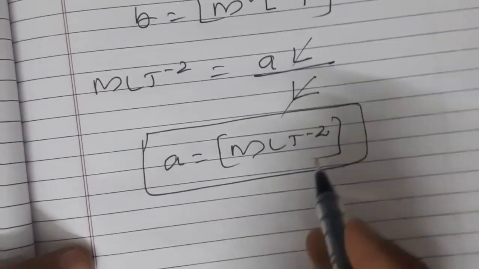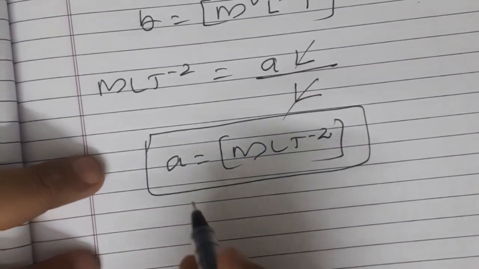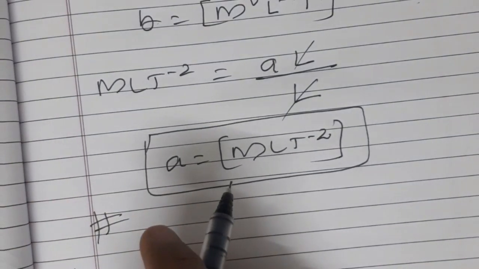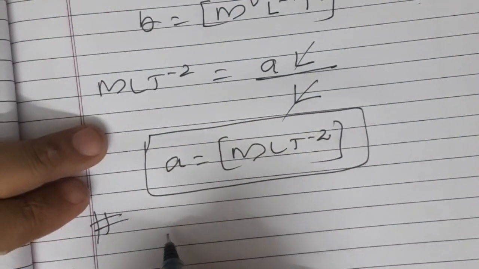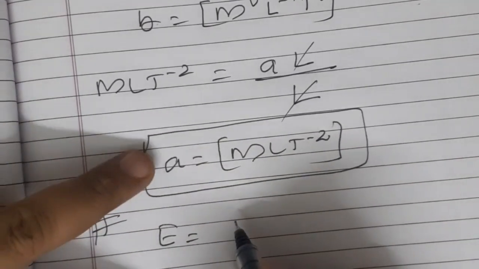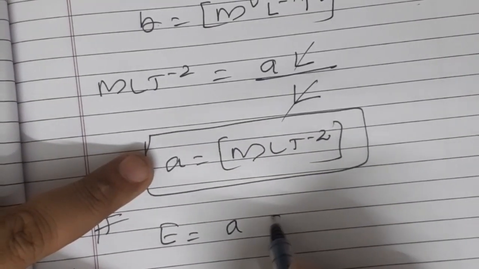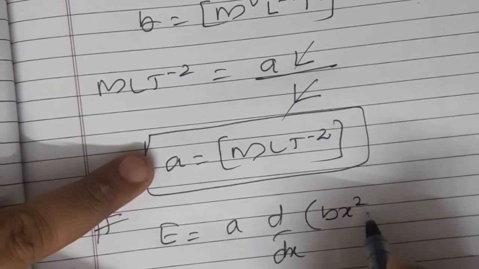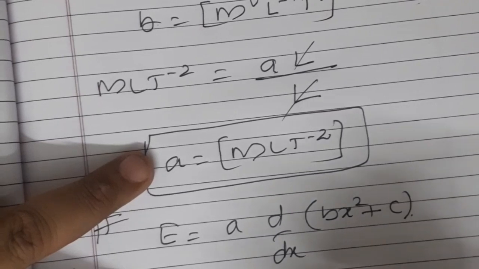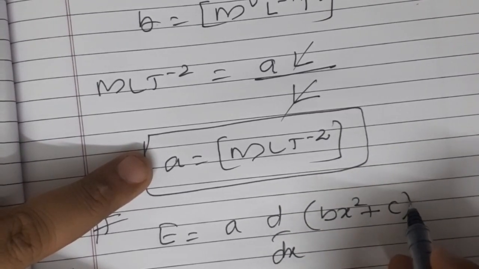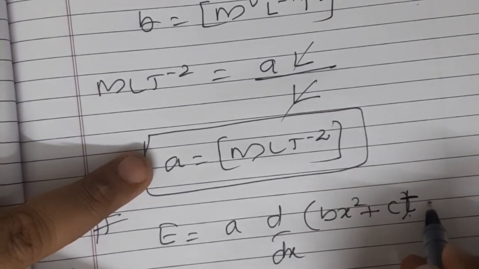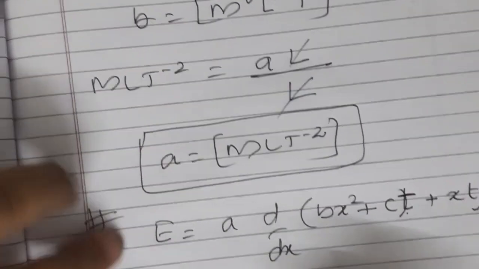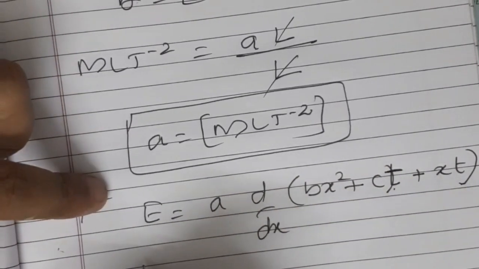So in this way we can solve the integration also. Clear? Then we can have the formula for the differentiation also. All these comes, you won't get these numericals in your normal textbooks. Energy is equal to, say, a d by dx of (bx² + ct + xt). Now, the first thing is we have to put up the dimension for each of the quantity.